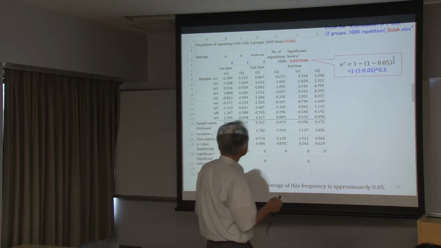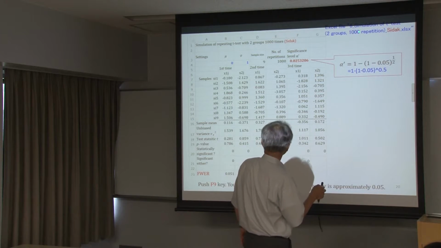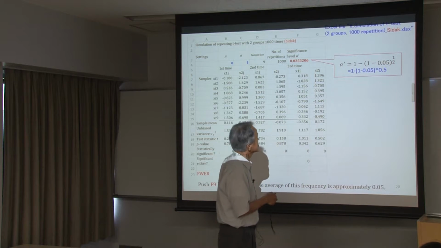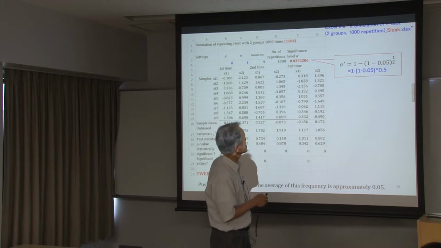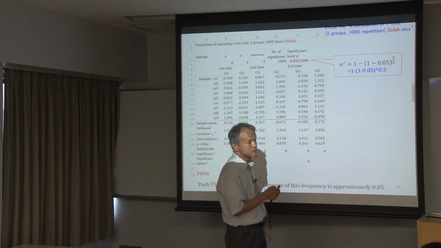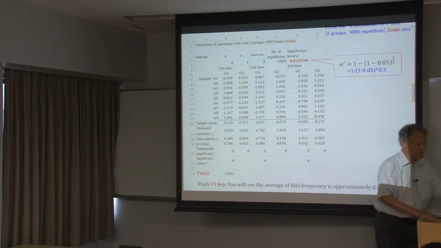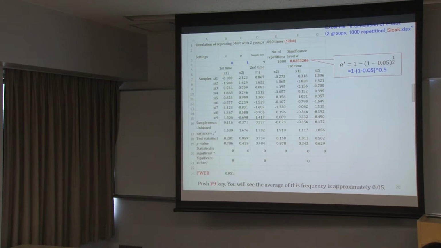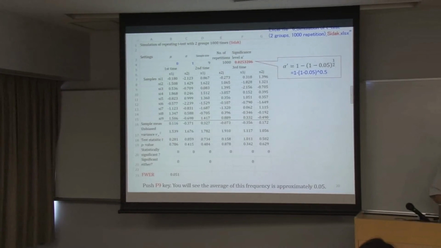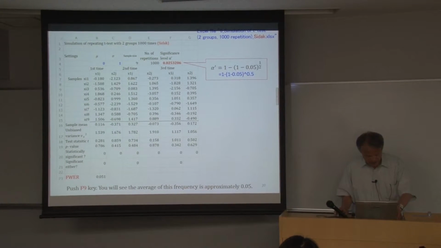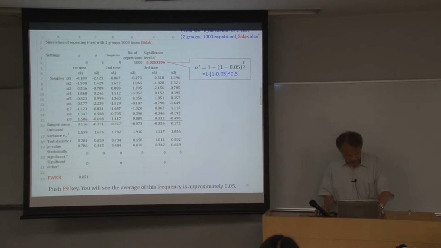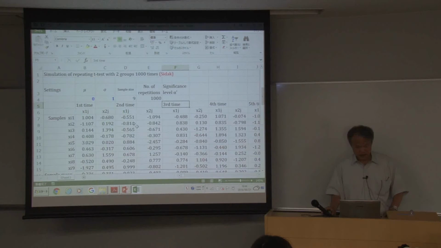Okay, please open this file, 6. In this cell, this significance level is made vacant in this file. You see this one. Number 6.